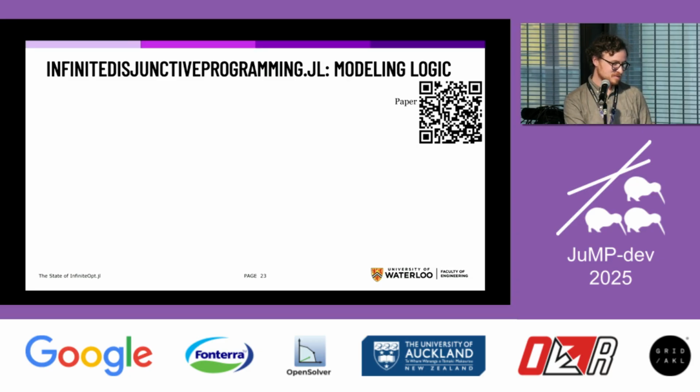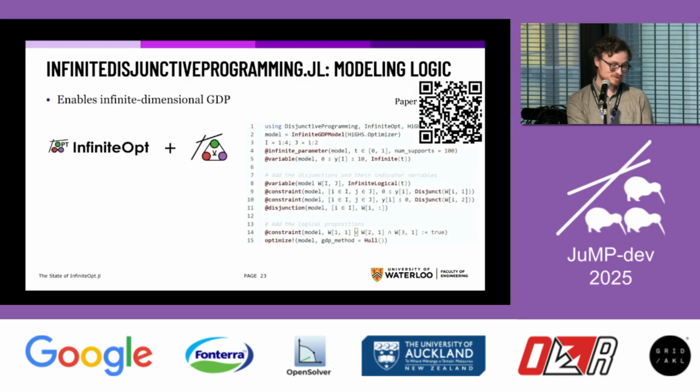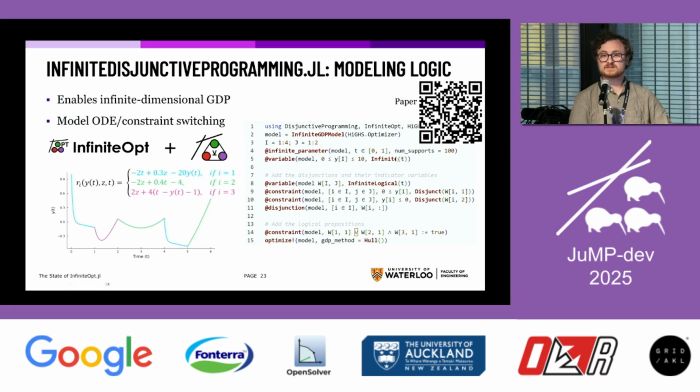Another thing we did, I talked about this a little bit last year, was we also connect to disjunctive programming. So we have infinite disjunctive programming. What this is useful for is it enables us to pretty compactly model switching constraints in infinite dimensional problems. So you can switch between different differential equations, for instance. Here, these are different right-hand sides of an ODE that we can optimally switch between.